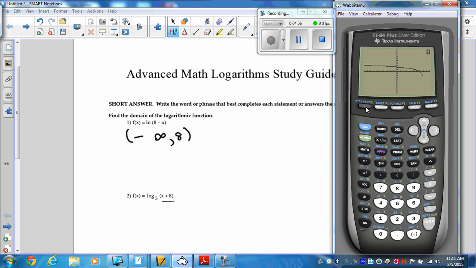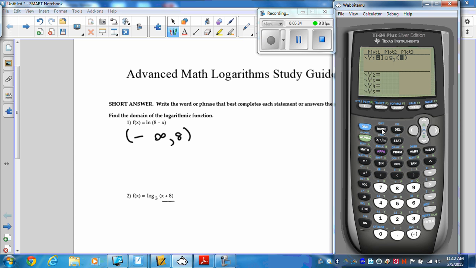So looking at the graph for that one, let's graph y equals log base 3. So let's clear this one out and let's do alpha f2, number 5, and we want log base 3 of x plus 8.